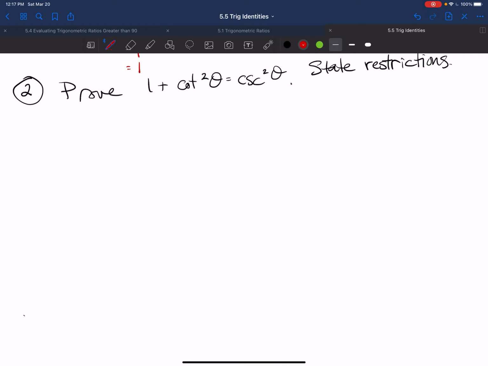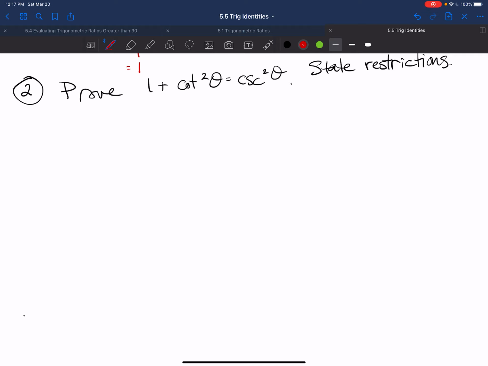All right, so I want to prove that the left side is equal to the right side: that 1 plus cotangent squared is equal to cosecant squared. It also says state the restrictions, which I'll talk about at the end. I usually pick the side that has more things going on, that looks a little more complicated.